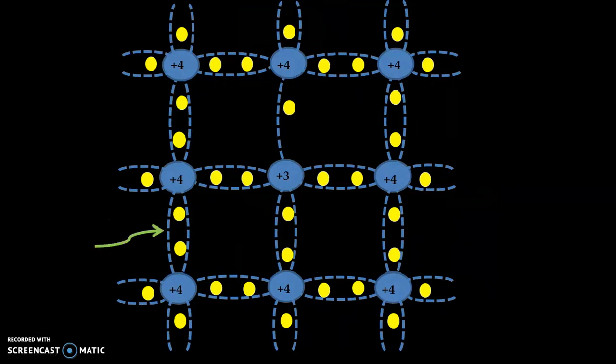When heat energy at room temperature is imparted, one of the neighboring silicon atoms will lose one of the electrons and it will be shared with the incomplete covalent bond made with the gallium. So one electron is shared and the covalent bond is completed.